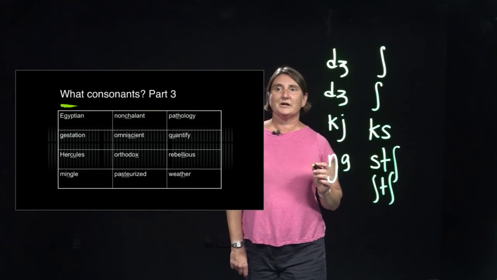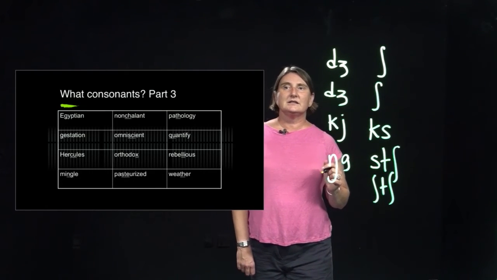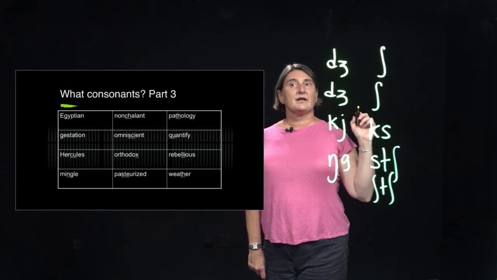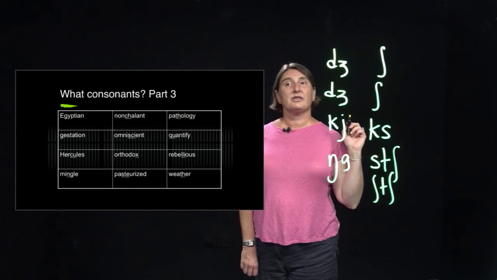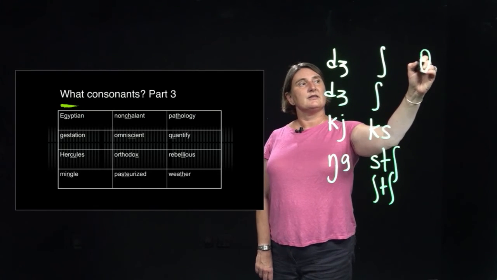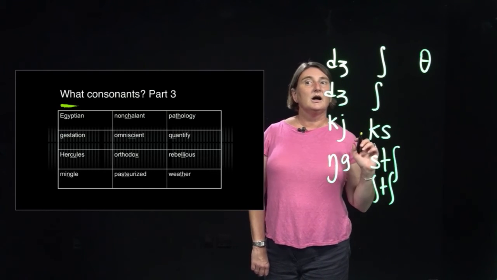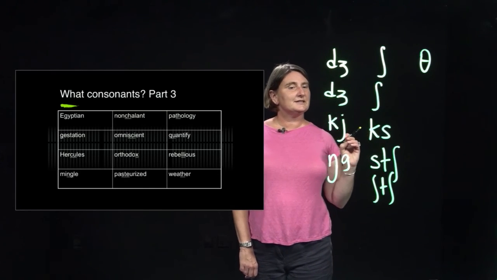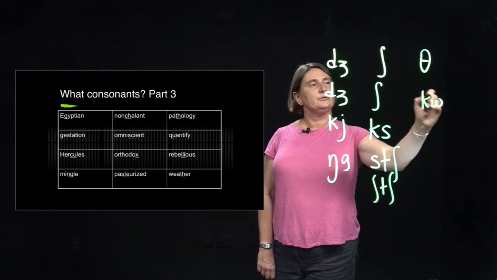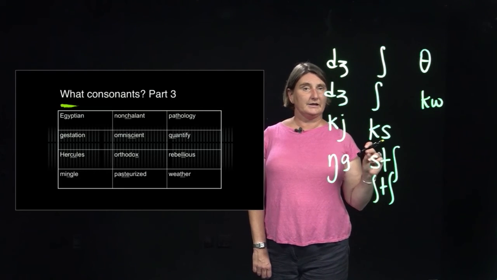Okay, final column here, pathology. So there's a th, and you want to decide whether it's the th of thin or the th of this. And I hope you'll decide it's a th, pathology, like that with a theta. Quantify, we've seen some like this before. That's a qua, KW. Rebellious, rebellious.